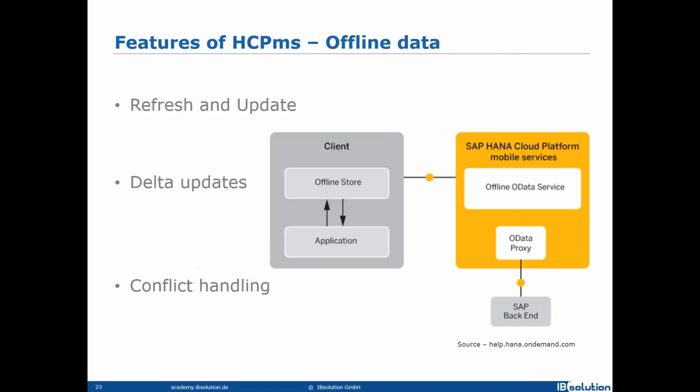Okay, offline data. There are a lot of use cases requiring the use of offline data. For example, field workers work in places where there might be little or no internet connection, or if you just want to improve the performance of an application, instead of sending the data requests each time, you can just use a delta update, for example.